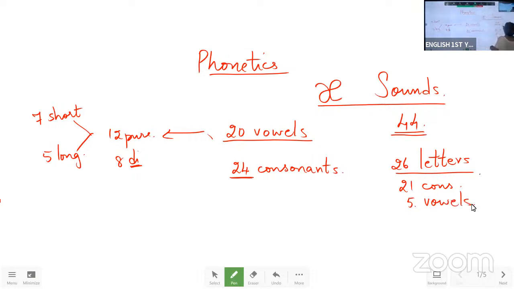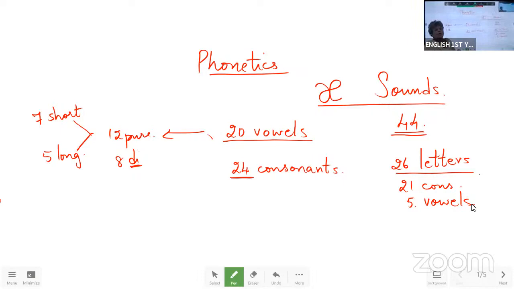But as per these sounds, there are 20 vowels and 24 consonants. Out of the 20 vowels, again you have 12 pure vowels and 8 diphthongs. Diphthongs meaning 2 sounds, while pure vowels are of 2 kinds, the long and the short.